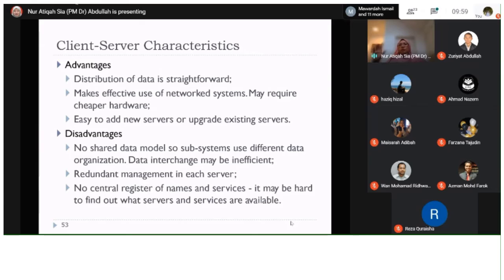So it cuts down a lot of cost in terms of hardware. That is the advantage of client server.